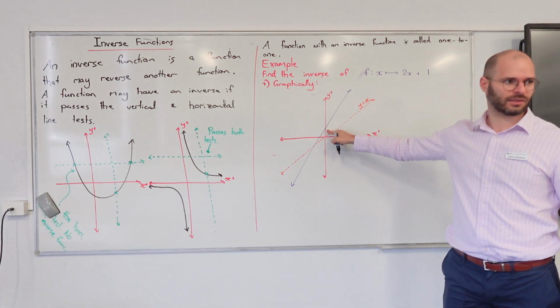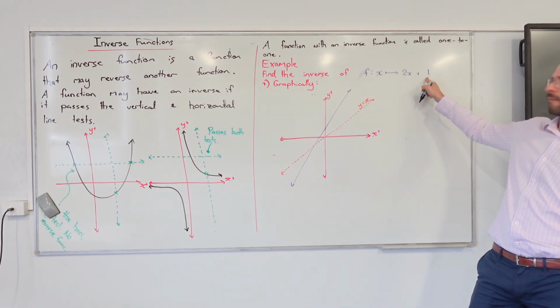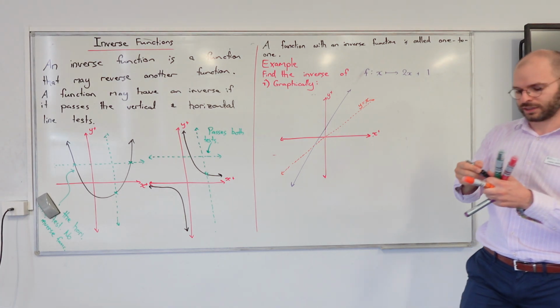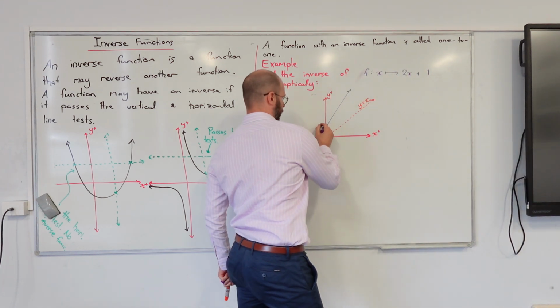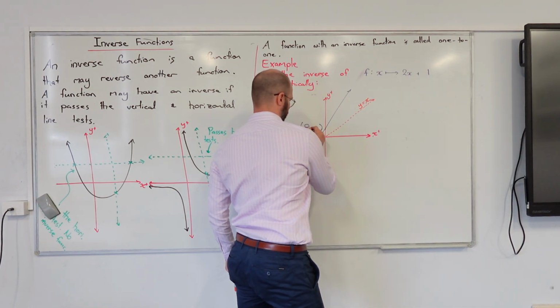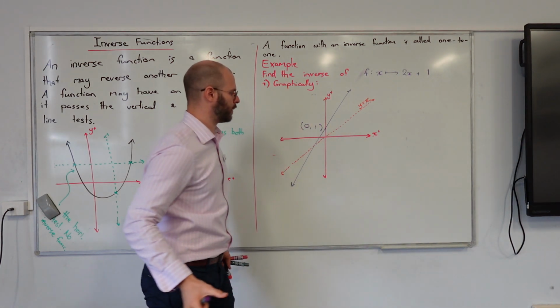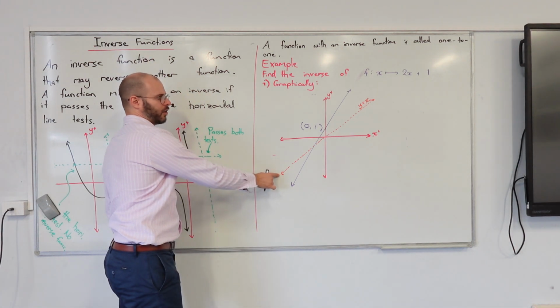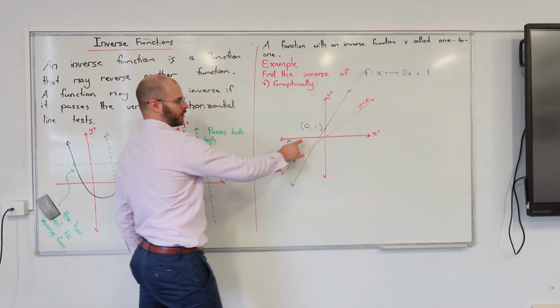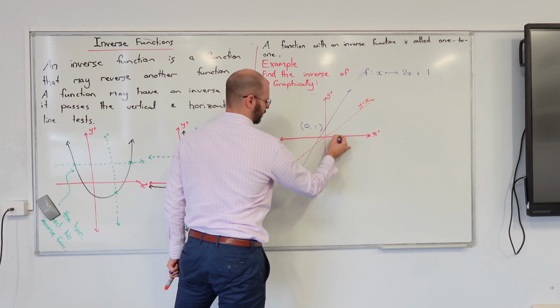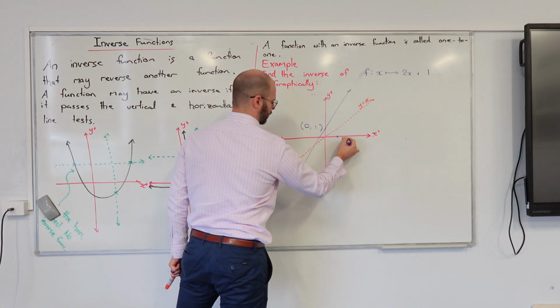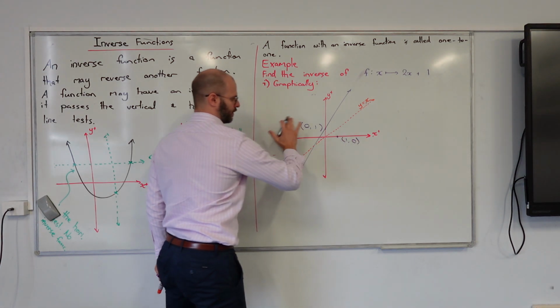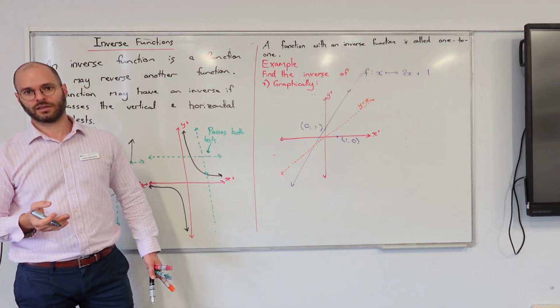This point over here, do we know what it is? Yeah, what is it? 0, 1. Now, if this is going to be symmetrical about the line y equals x, what we're going to find is that the symmetrical point is going to cut at 1, 0.